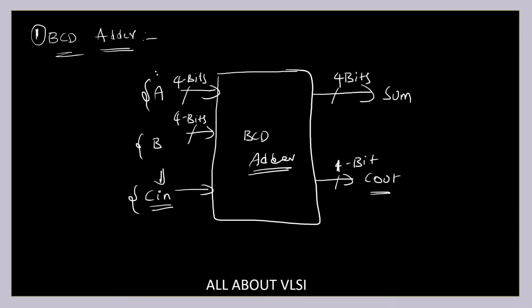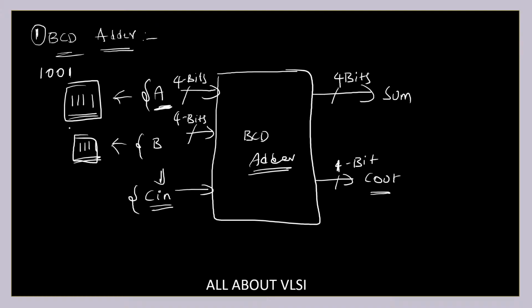Okay. So let's say the user who is providing the value of A as all ones and B as all ones, he can provide like this? No, he should not provide this all ones and all ones. So the maximum value of A the user can provide is 9 and the value of B can be equal to 9.